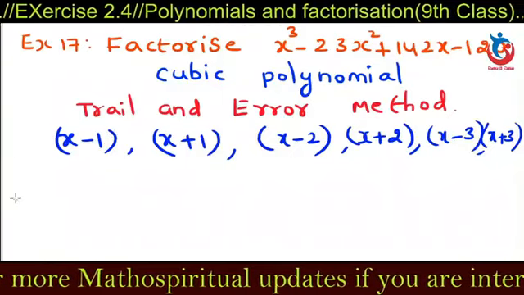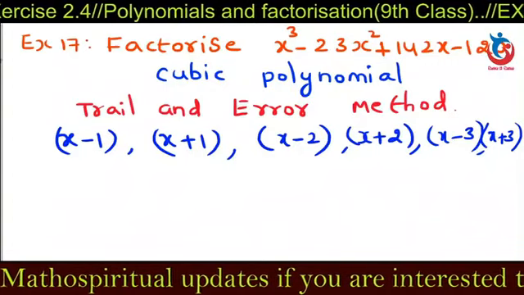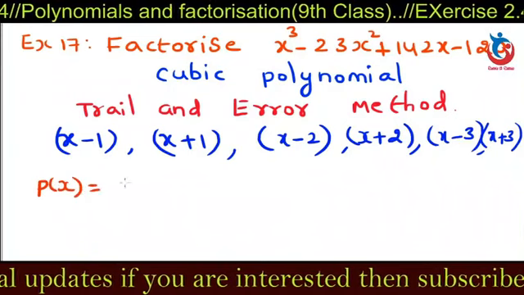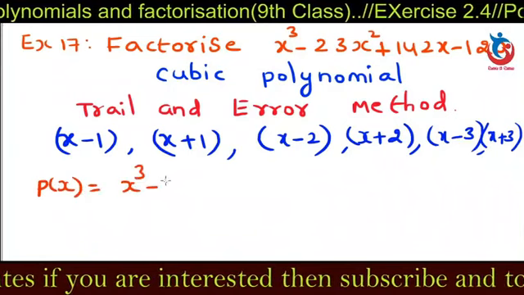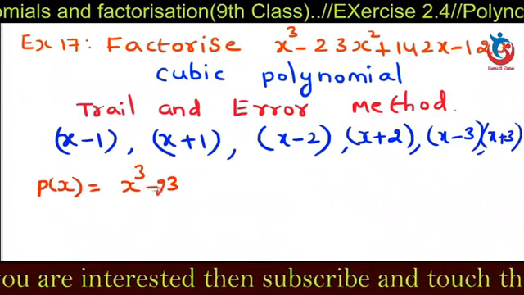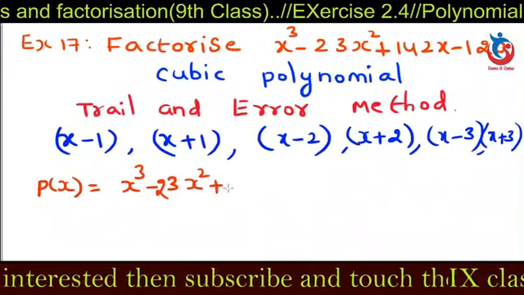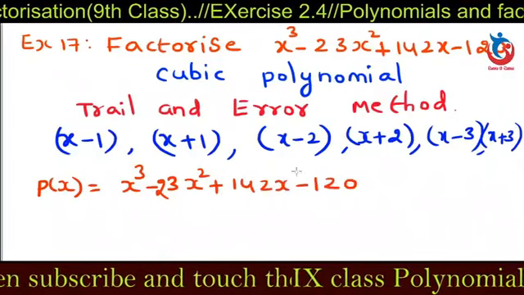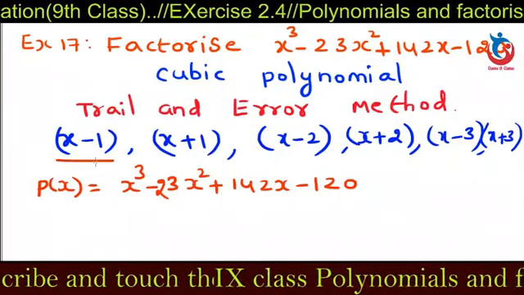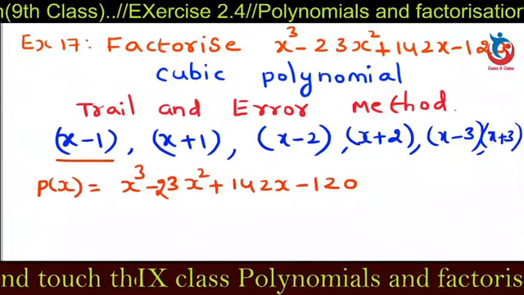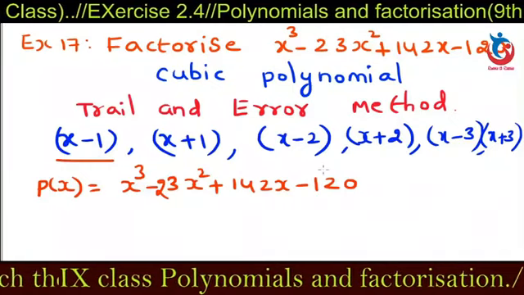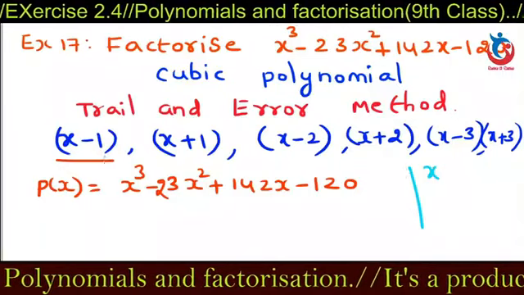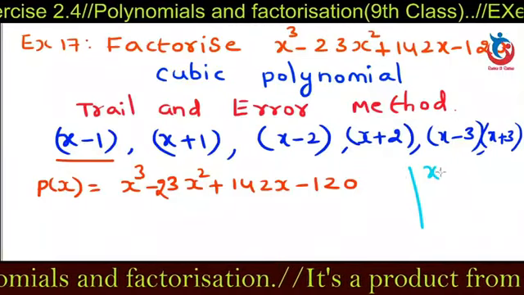So let us take p of x. So p of x is equal to x cube minus 23x square plus 142x minus 120. Now I am assuming x minus 1 is a factor. So first of all, for every divisor, we have to find the zeros.